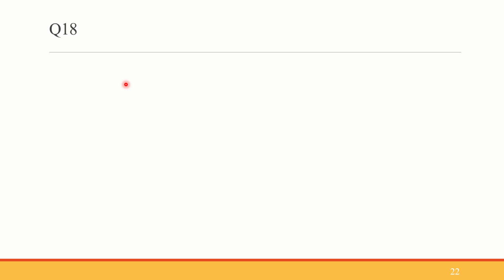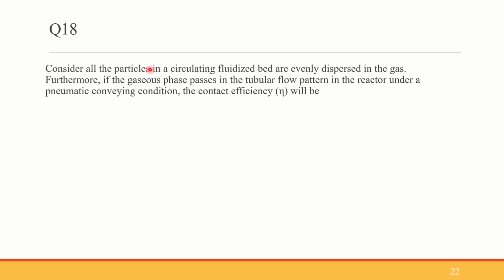Question 18. Consider all the particles in a circulating fluidized bed are evenly dispersed in the gas. Furthermore, if the gaseous phase passes in a tubular flow pattern in the reactor under a pneumatic conveying condition, the contact efficiency eta will be dash.